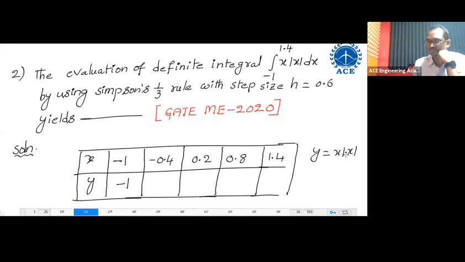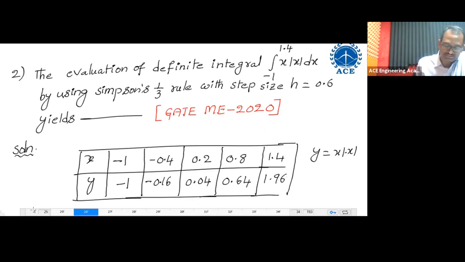Take x is equal to minus 0.4: modulus of minus 0.4 is plus 0.4, into minus 0.4 gives minus 0.16. 0.2 into 0.2 is 0.04. 0.8 into 0.8 is 0.64. 1.4 into 1.4 is 1.96.